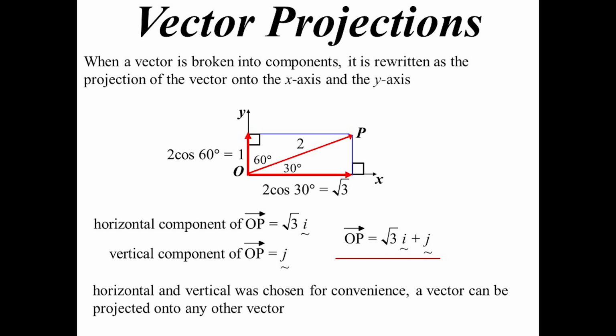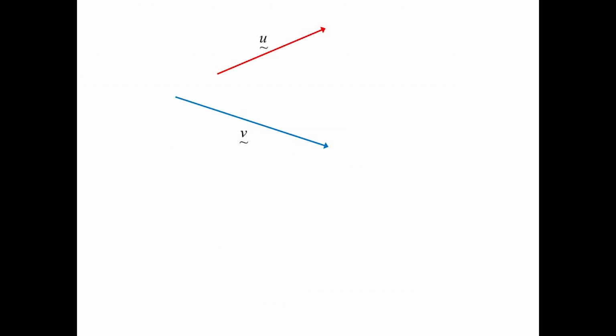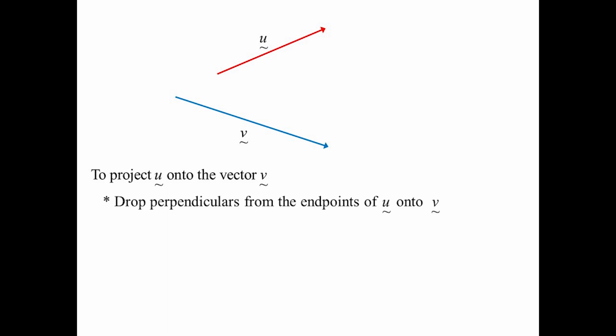We chose horizontal and vertical because it's nice and convenient. We're used to working with that. But there's no reason why we have to. So say I've got this vector u and I want to project it onto the vector v. Well, same idea. I'll drop the perpendiculars from the endpoints. And that shadow that it creates is the projection of the vector onto v.